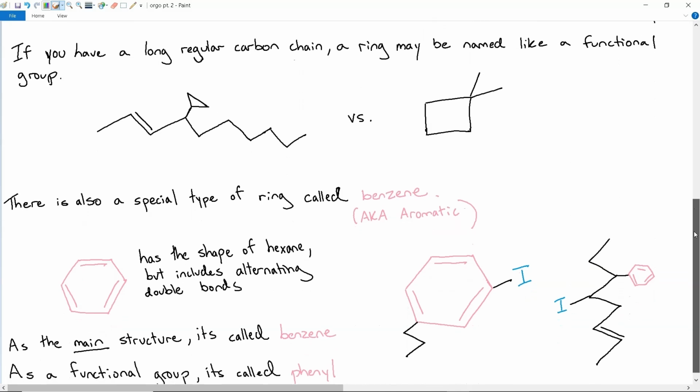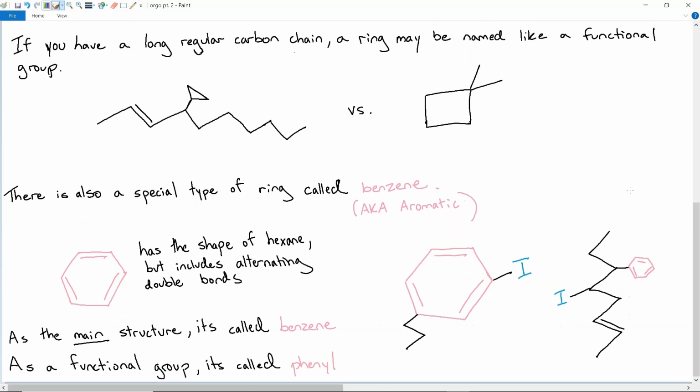What happens when we have a really, really long carbon chain and we have a ring structure shown as a branch on this carbon chain? So let's take a look at this example right here. I can see here that I have a 1, 2, 3, 4, 5, 6, 7, 8, 9, 10 carbon long chain.